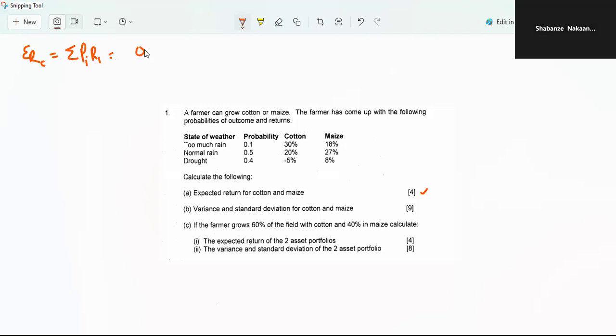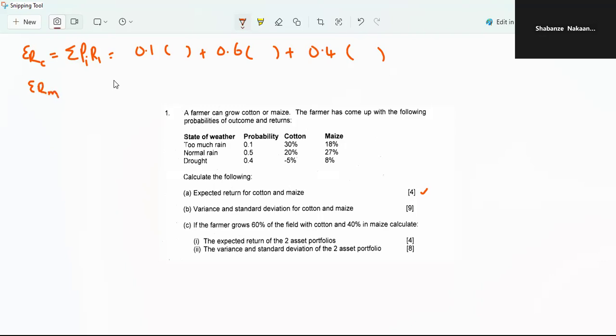So 0.1 times the return on cotton plus 0.6 times the return on the same cotton plus 0.4 times the return on the asset we are looking at. You do the same for the expected return for maize, ERM.